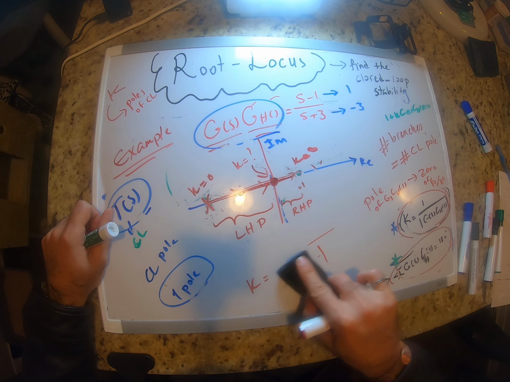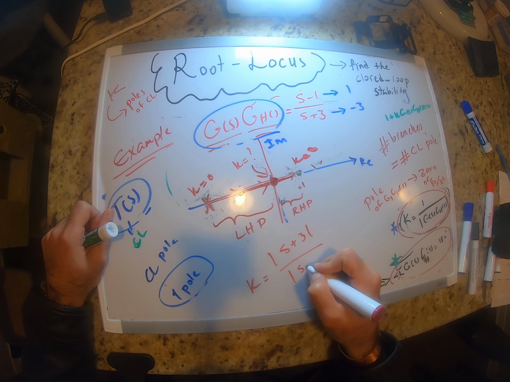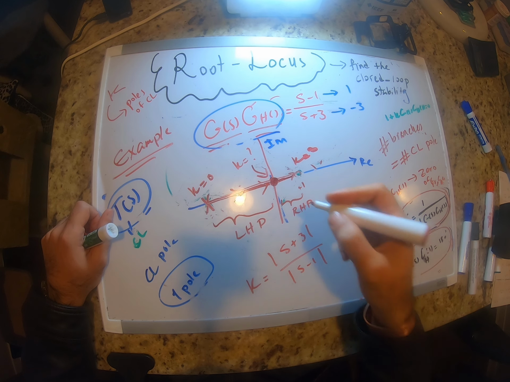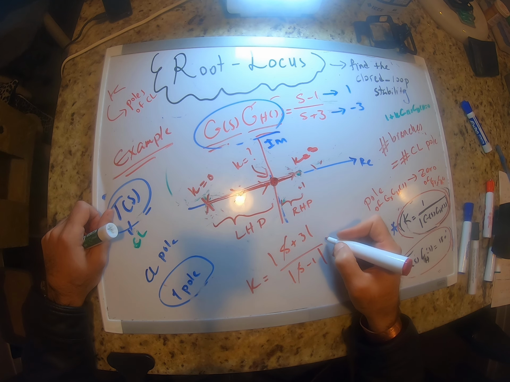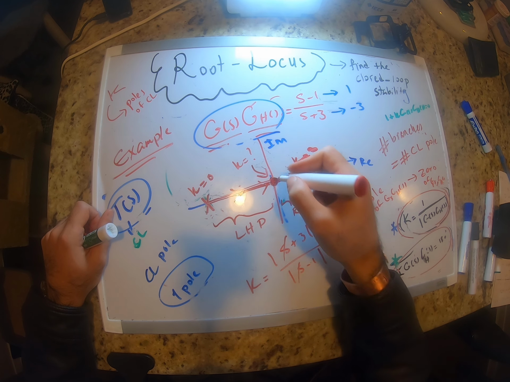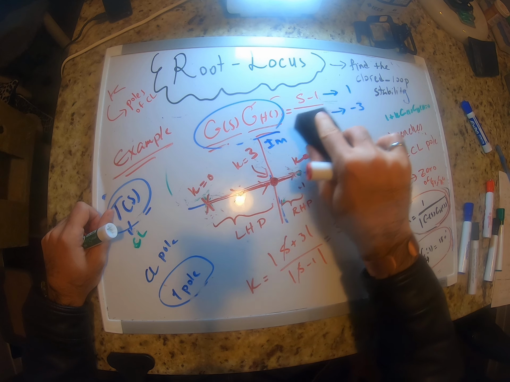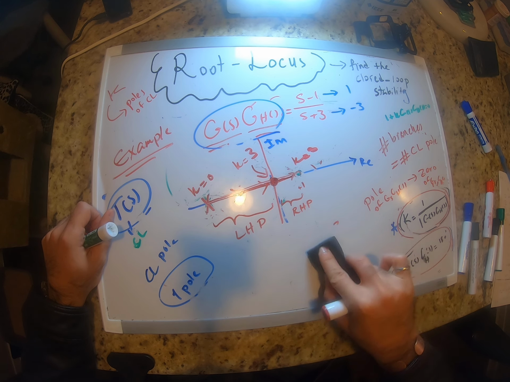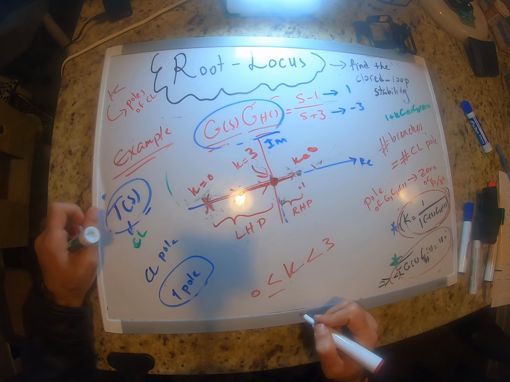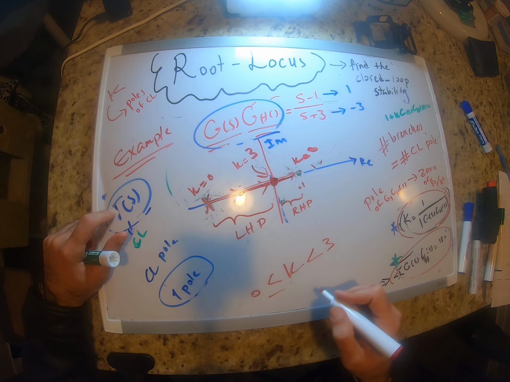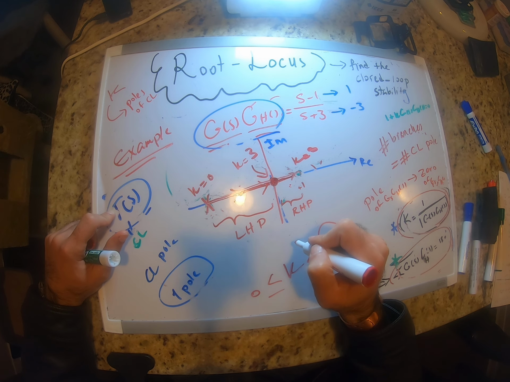Let's simplify this. k is equal to the magnitude of (s plus 3) divided by (s minus 1), okay? At this point, s is equal to 0, right? So this means k is equal to 3 at this point. So for this system, as long as k is between 0 and 3, the closed loop system is going to be stable. But if you increase k further than this point, you have a pole on the right-hand side.